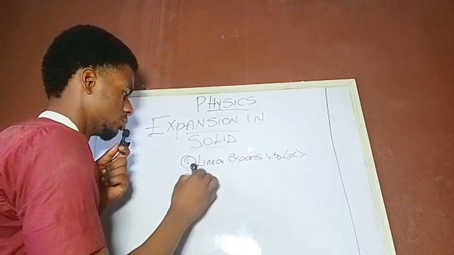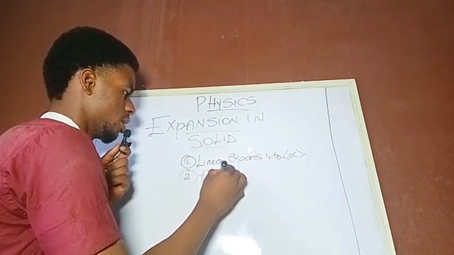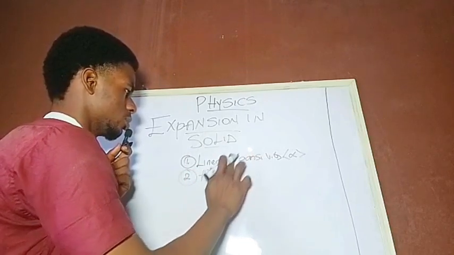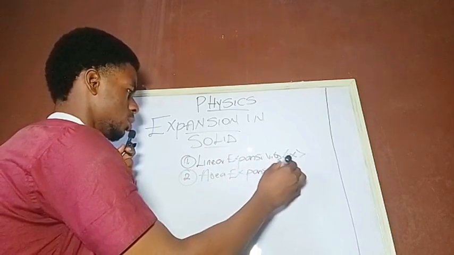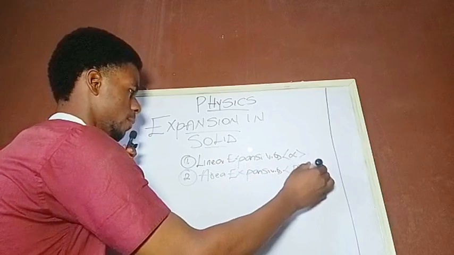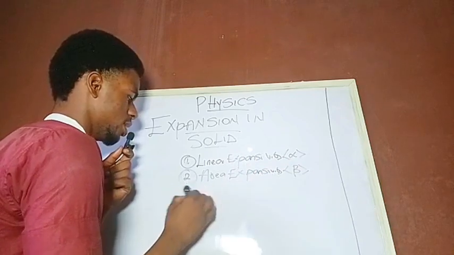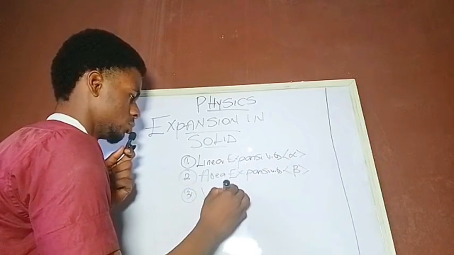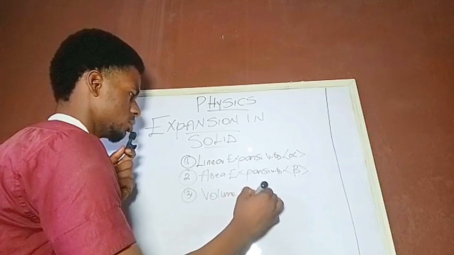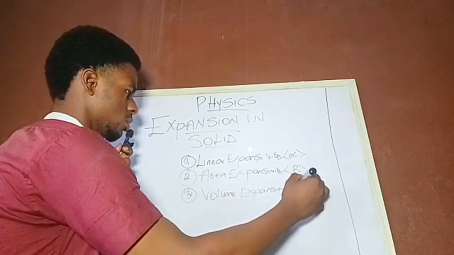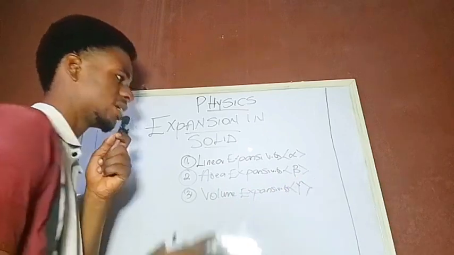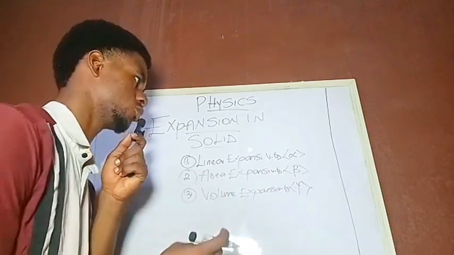We have areal expansivity, which is denoted by beta. And the last one is volume expansivity, which is denoted by gamma. So these are the three factors when it comes to expansion in solids.